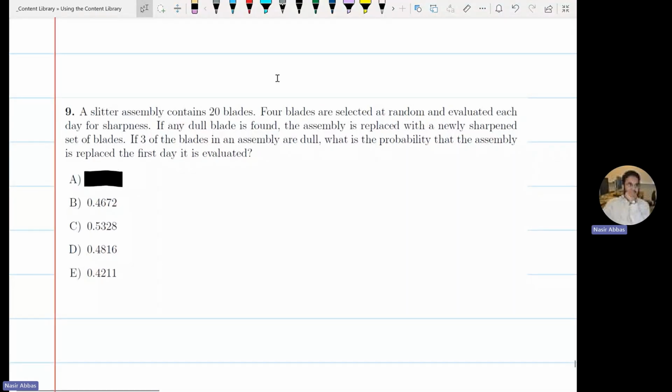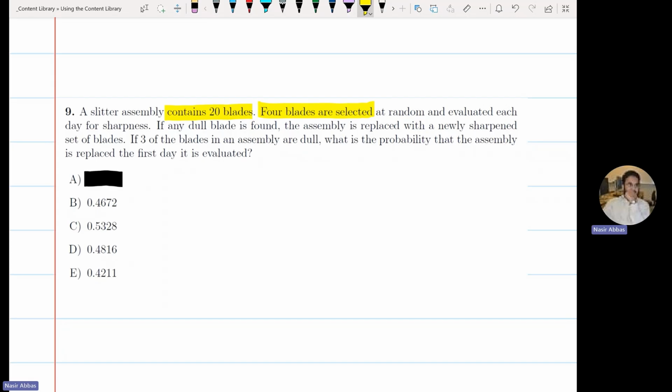In this question, they say that a slitter assembly contains 20 blades in total. So this is an important piece of information. 4 blades are selected at random and evaluated each day for sharpness.